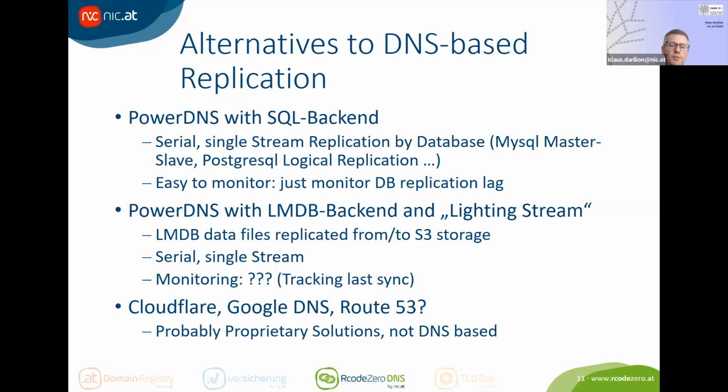There's also PowerDNS with the LMDB backend and the Lightning Stream LMDB replication tool. I have not taken a look at that, but that would also probably solve it, because it's also somehow a single serial replication, which should be easier to monitor than like 1 million replications.